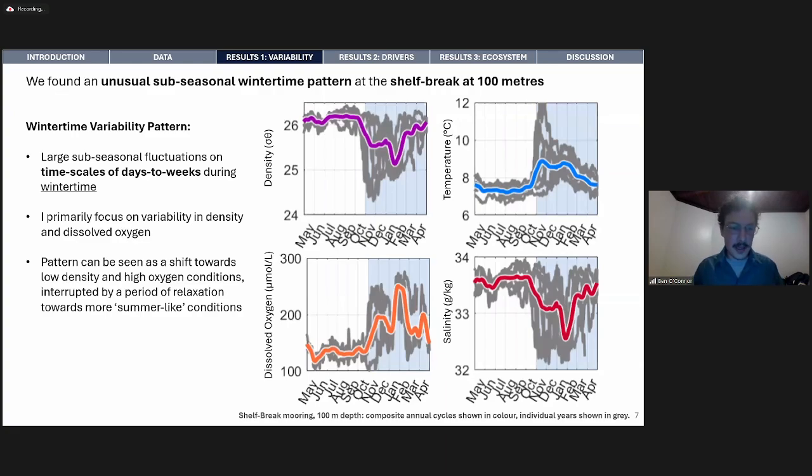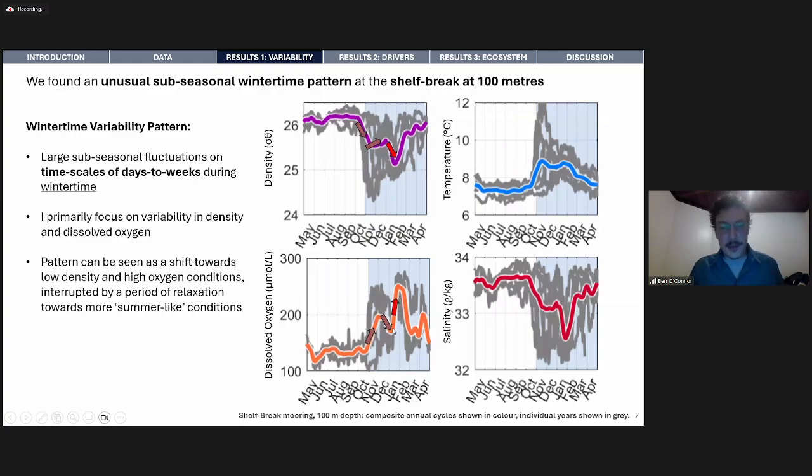I think of this pattern as a shift towards low density and high oxygen conditions during wintertime that's being interrupted by a period of relaxation back towards more summer-like conditions. So you can see that here in the beginning of October, November, we see this evolution towards low density and high oxygen, which then becomes interrupted by this pause in that trend or even a relaxation back towards high density, low oxygen conditions.